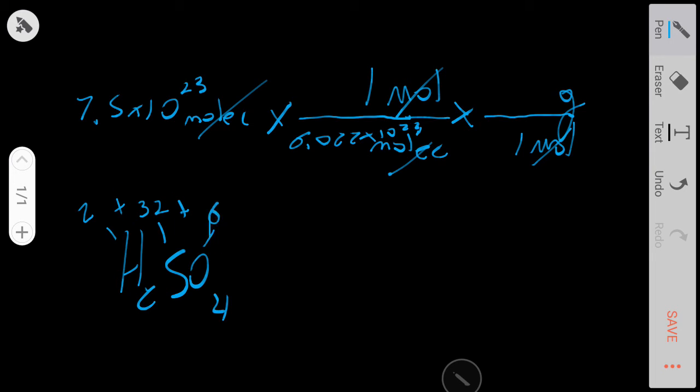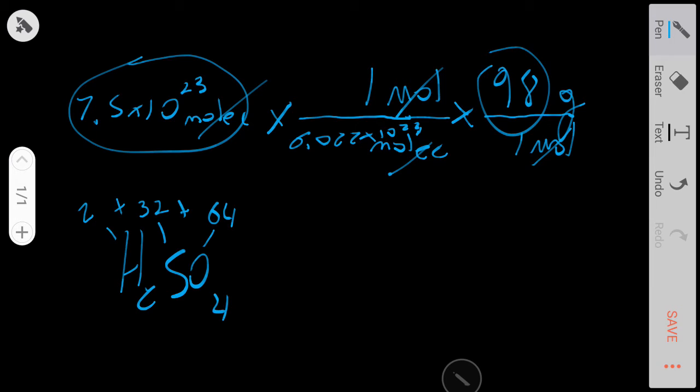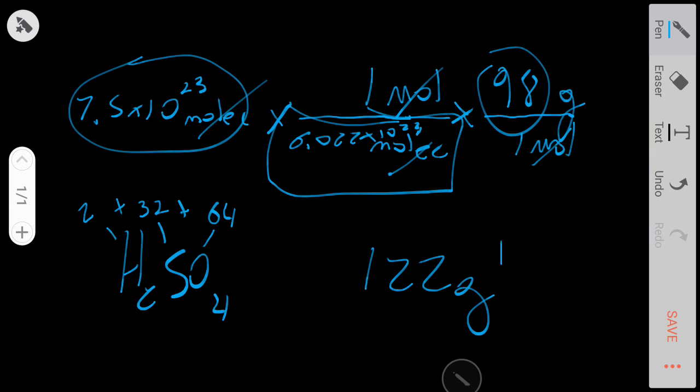In oxygen, I get a total of 64. That gives me 98 grams. You'll multiply 7.5 times 98, then divide by this number. Your answer should be 122 grams of H2SO4.